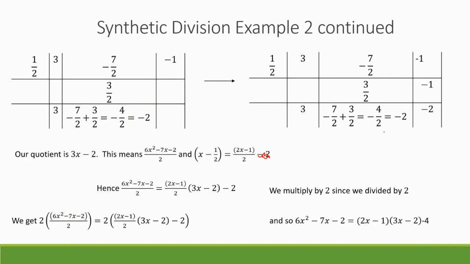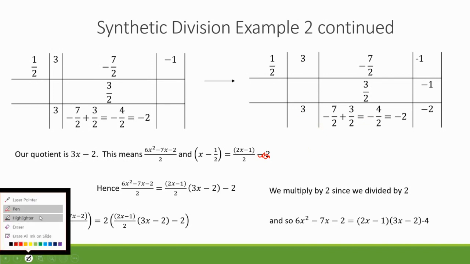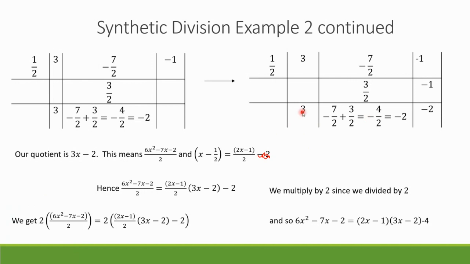So altogether then, we get our quotient, right? Remember, the coefficients of the quotient are these numbers here. The last column is the remainder, though. So for the quotient here, we're going to have 3 times x. So its coefficients, excuse me, are 3 and -2.